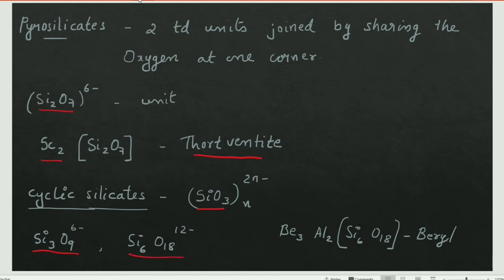If you know the basic unit, it's very easy to identify the type of silicate. Beryl is Be3Al2Si6O18. The Si6O18 is a cyclic silicate, so beryl is a cyclic silicate.